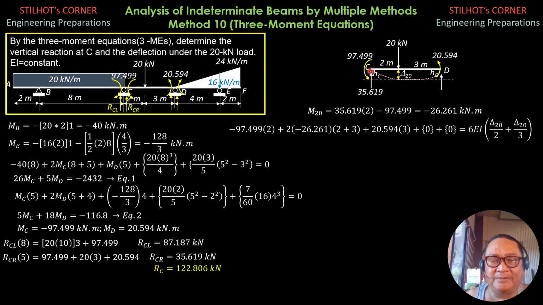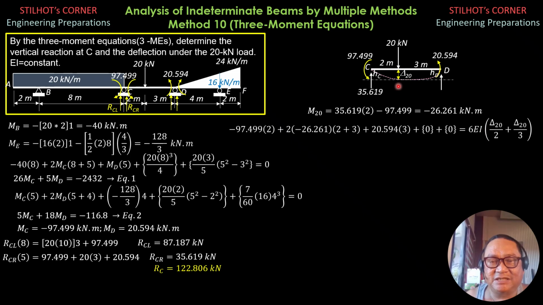There's no load in between C and this 20 kilonewton load, as well as 6 area 2B over L2. There's no load also between this point and that support. So 0, 0, equals 6EI. Again, hC is delta 20 over 2, then hD over 3.